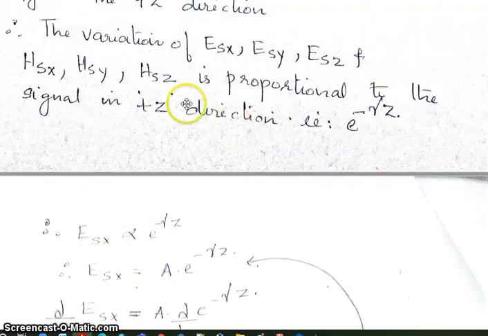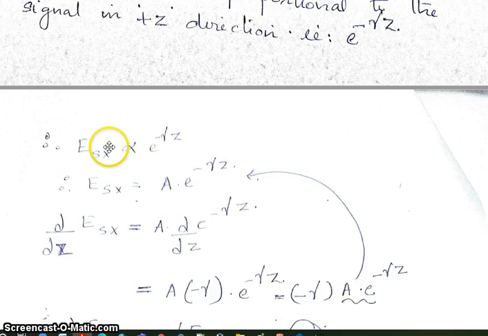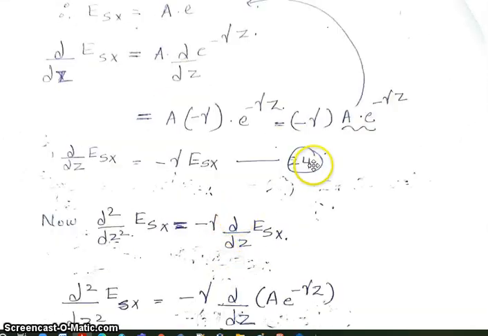So I repeat here, the variation of Esx, Esy, Ez and Hsx, Hsy, Hsz is proportional to the signal in plus z direction, that is exponential of minus gamma z. Based on this condition we are deriving equation 24, that is ∂/∂z Esx is equal to minus gamma Esx.